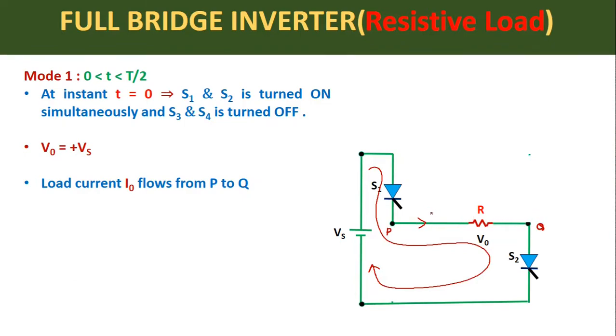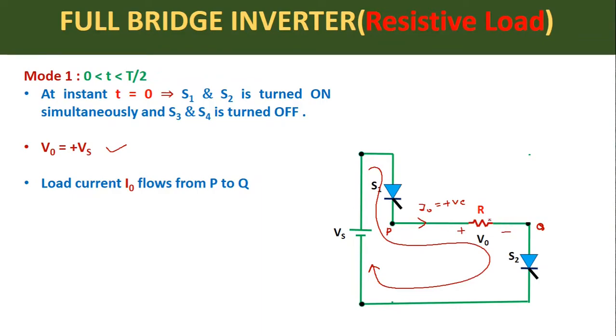So this direction of current from left to right will be taken as positive. So here the load current will be positive, and the load voltage will be plus on this point and minus on this point, and this voltage will also be taken as positive. Now if we apply KVL in this loop, we will get load voltage equal to plus Vs, and the load current will flow from P point to Q point in the mode number 1 operation.